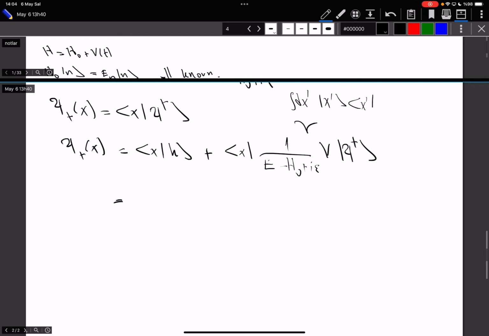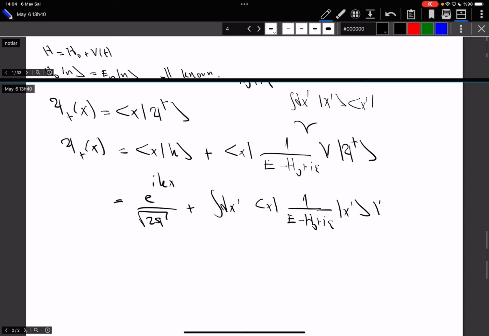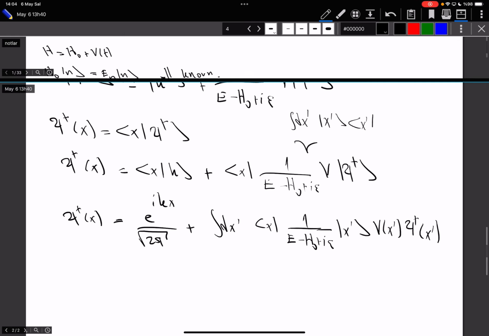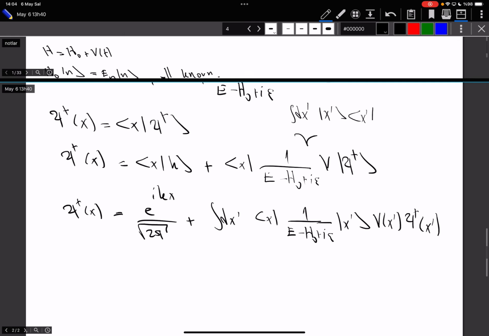So this will be e to power ikx divided by square root of 2 pi. I'm using Dirac delta normalization. And plus the integral dx prime <x|1/(E - H0 + iε)|x prime> V(x prime) psi plus of x prime. This is my psi plus wave function in coordinate space.